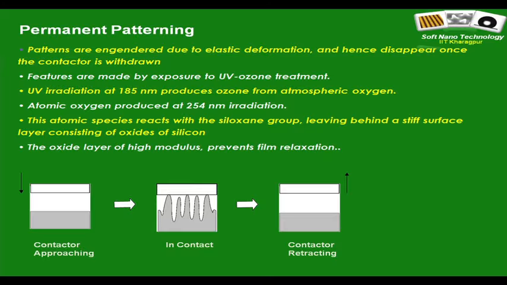But that also opens the avenue for me to just mention briefly one more thing. Here you see that these three cartoons or snapshots give you an idea that the contactor is approaching the film, then it is in contact, and you now know that depending on the separation distance which you may control, the morphology will be either pillars or bicontinuous labyrinths or whatever.